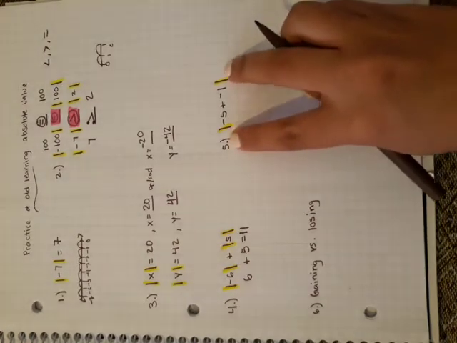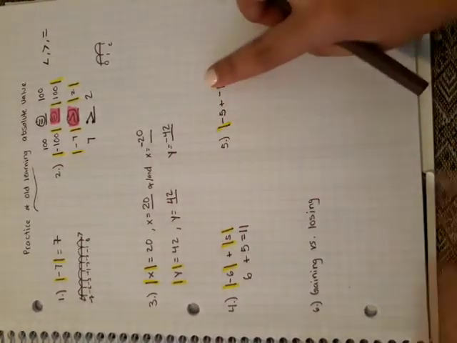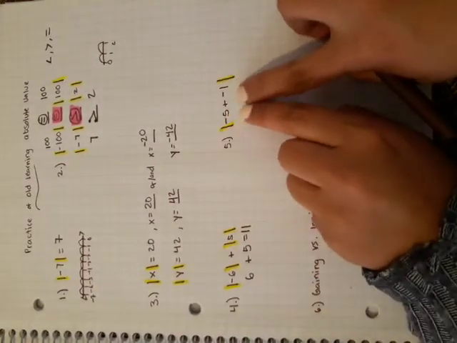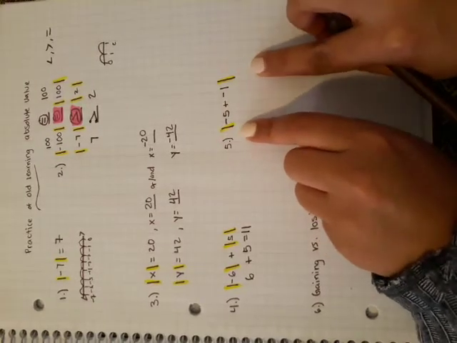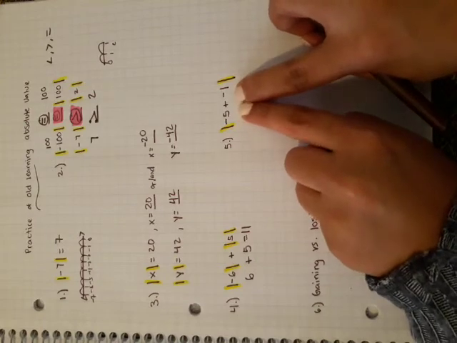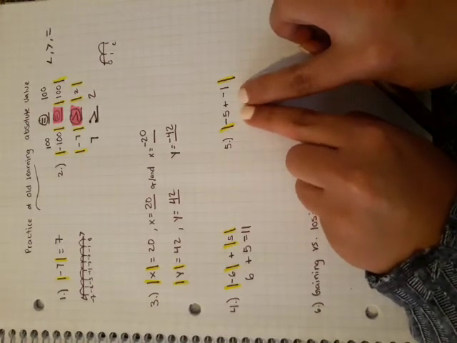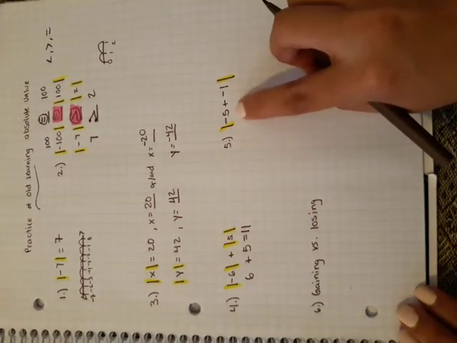Right here, you guys know what I mean. Right here, it includes this inside. So in this kind of problem, you need to solve what's inside first. We don't know what number we're measuring away from 0. So we need to simplify this.